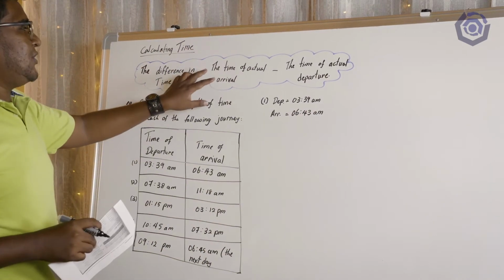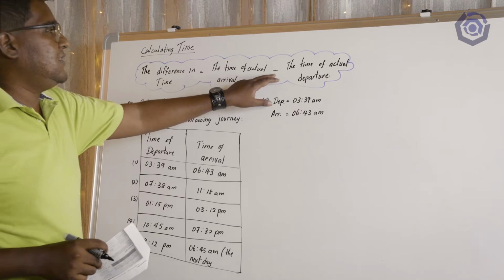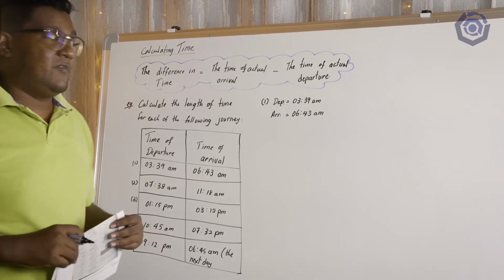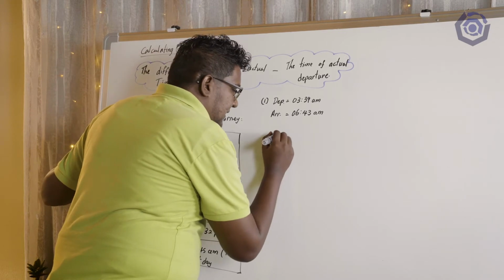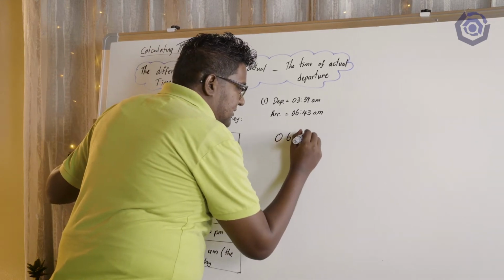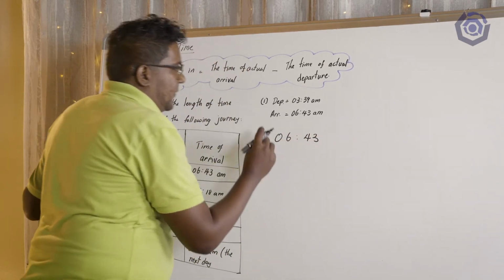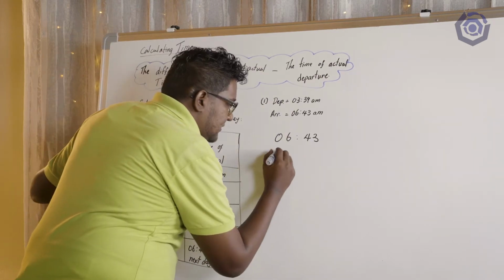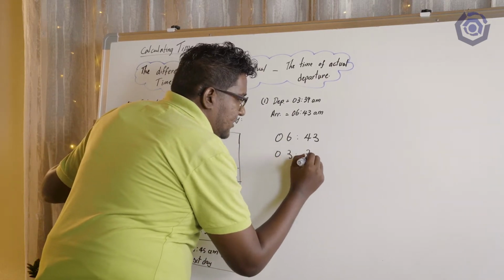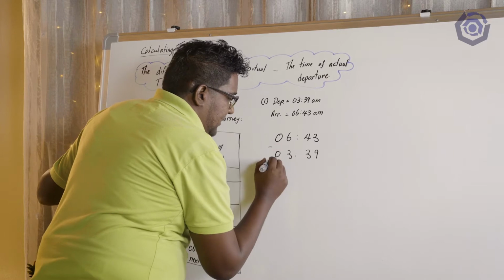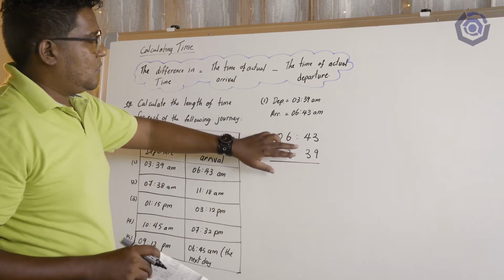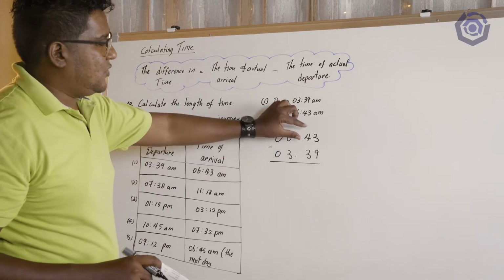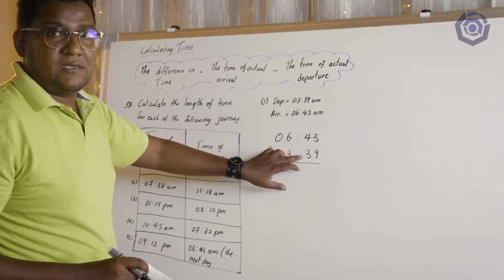So if we look at our formula, it's the actual time of arrival, subtract the actual time of departure. So setting this down, we put our arrival time first, and that's going to be 06:43, and the departure is 03:39, and we minus.